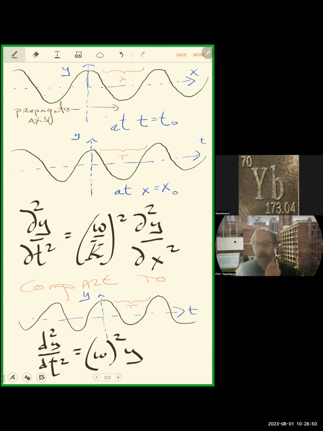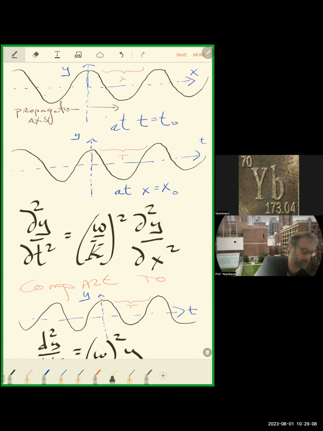It says that anywhere and any when you look, the second partial time derivative is equal to a constant, granted a complicated looking constant, but a constant times the second partial space derivative, right? I mean, let's be sort of clear here. Maybe like this. Well, yeah, I didn't want that constant.